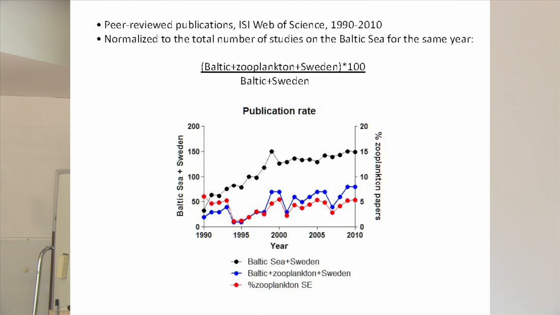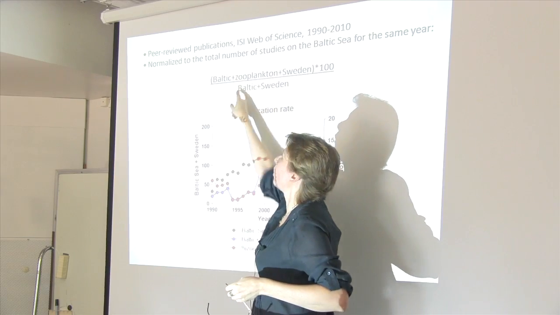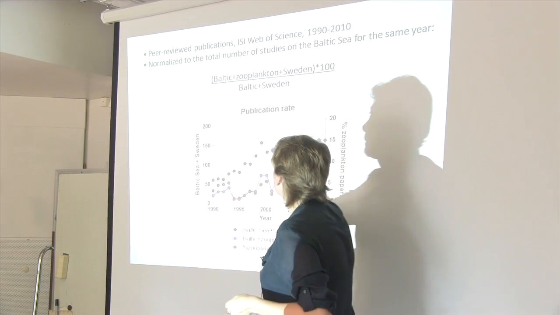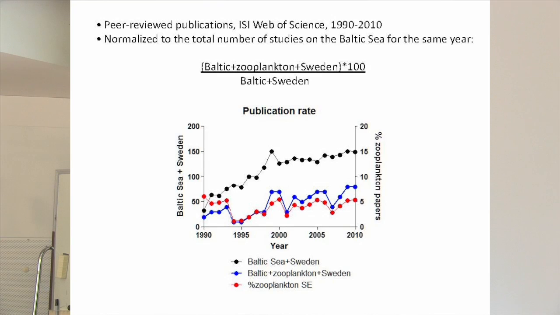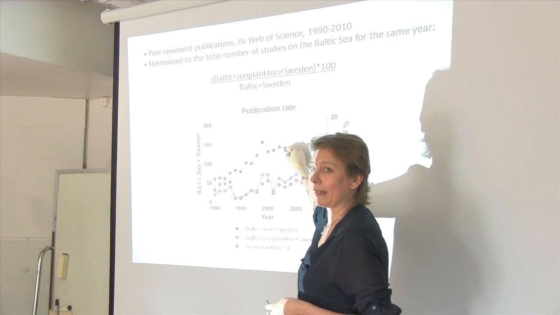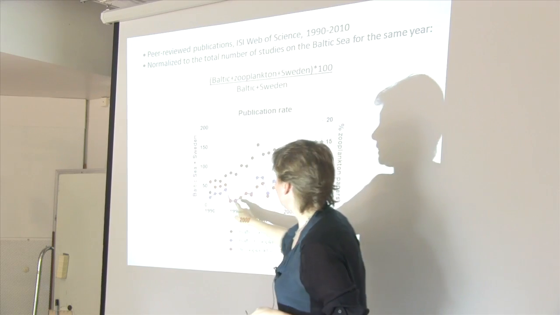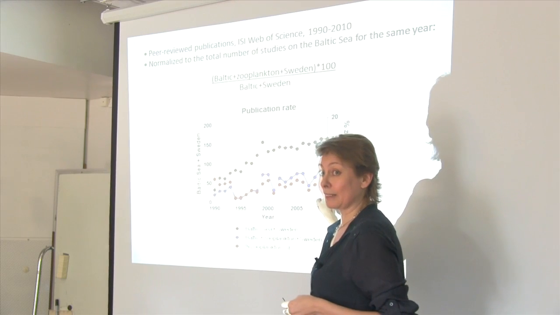So whatever was published about the Baltic from the Swedish side is this black line. Whatever is published about the zooplankton in the Baltic from the Swedish side is a blue line. So the red line is the percentage of the blue in the black. So this increase is significant.